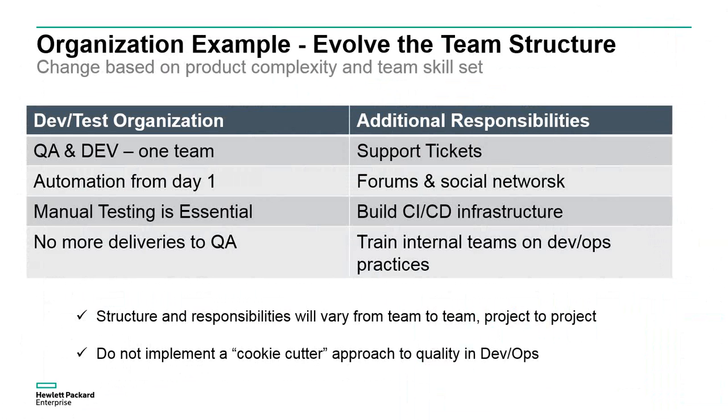You may have large separate QA organizations. You may have teams that are based on compliance. And of course, your team may be comprised of a lot of subject matter experts and business analysts. So what you have to do is figure out ways to incorporate their skill set, but also make sure that you can automate correctly where you have reusable tests and have DevOps and quality throughout the life cycle.